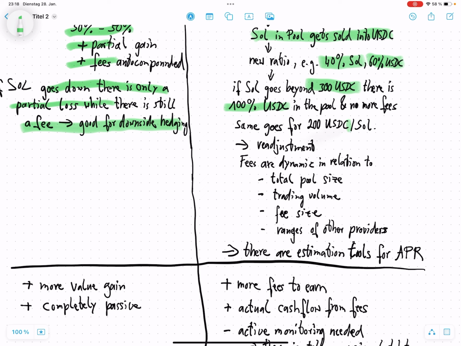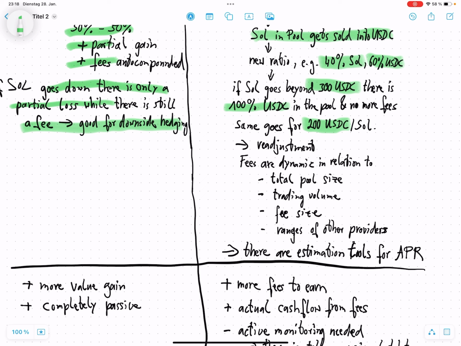And if it reaches 200 USDC per SOL, which is the bottom of the range that we assumed, you will be 100% in SOL. So you have to think about a range, and especially the downside of the range, since this is the more risky part, that you have to consider at what price of SOL you are comfortably holding 100% of SOL.